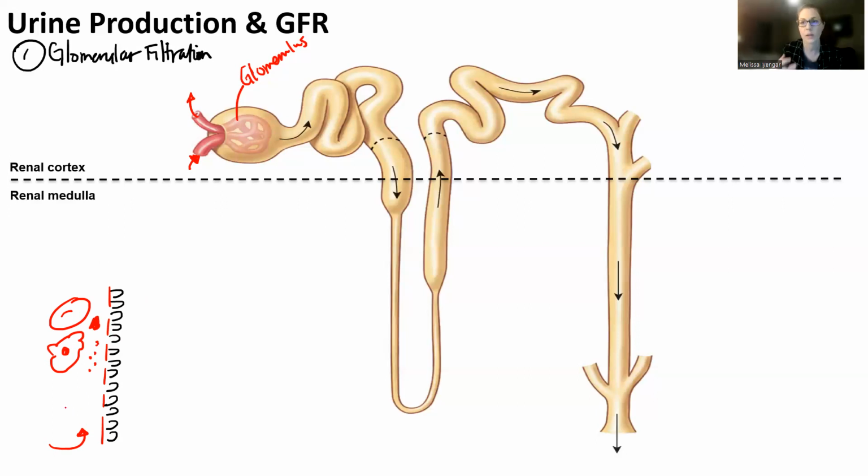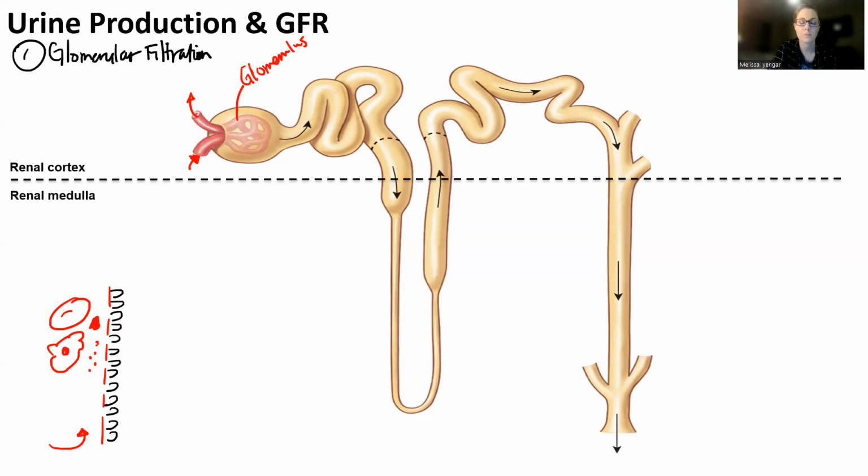Let me rephrase that. It has formed elements that we've seen, the cellular components of blood, and then it has plasma. And plasma is everything that's dissolved in the water-based portion of blood. See how blood came back again?